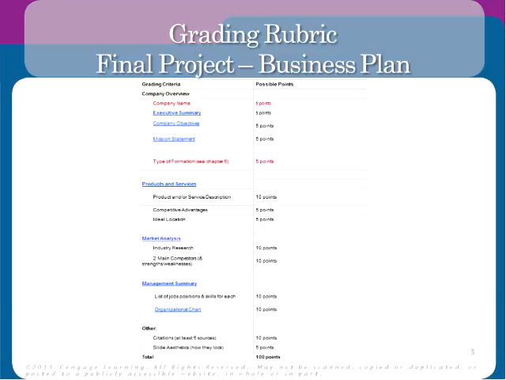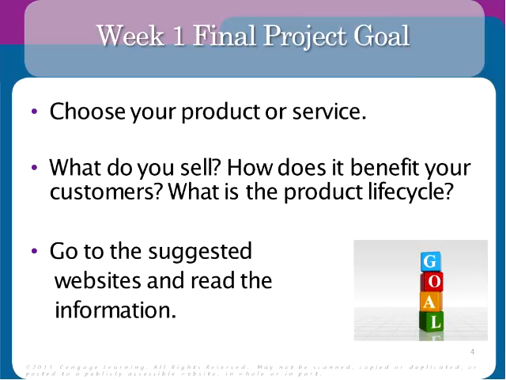If you'll look at the 2 things I have in red right now, we're going to talk tonight about making a company name and how to go about that, the best practices in that. And then also, we're going to talk a little bit about the type of formation, which is in Chapter 6 of your textbook. So these will be 2 items that you'll need to create for your final project. So let's hop on over to that.